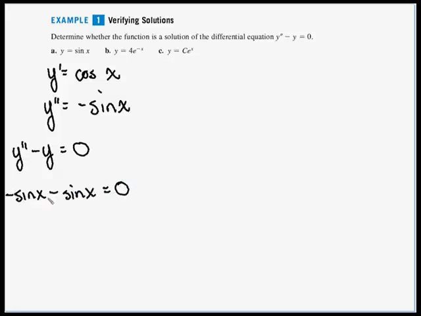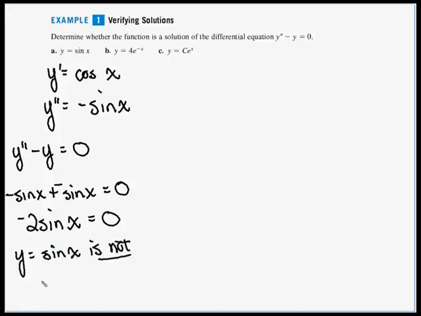Well, negative sine x minus sine x, we add the opposite, and we get negative 2 sine x equals 0. No, that's not true. So y equals sine of x is not a solution. So we checked out the first one, not a solution.